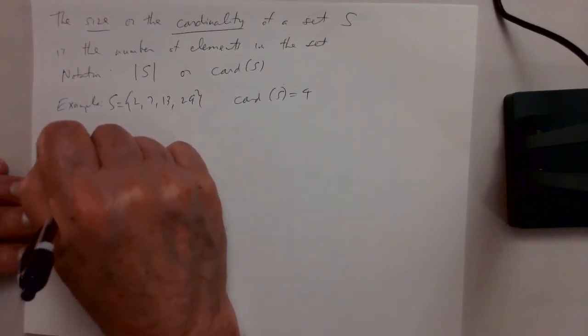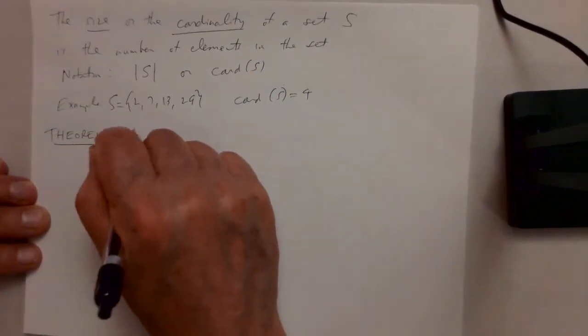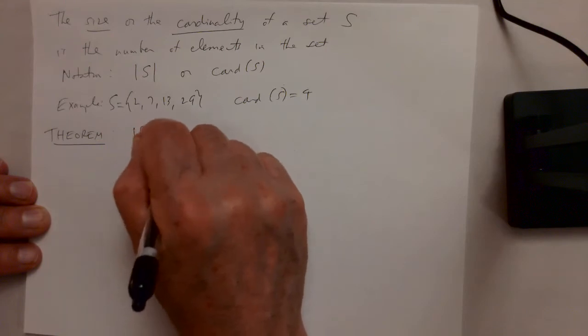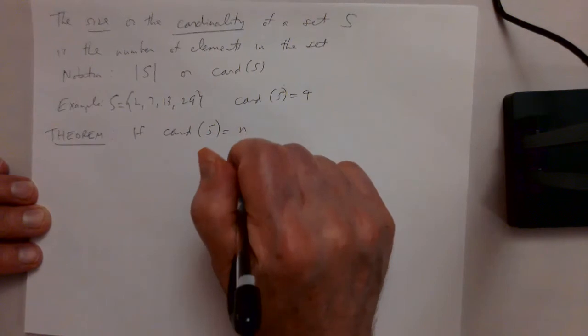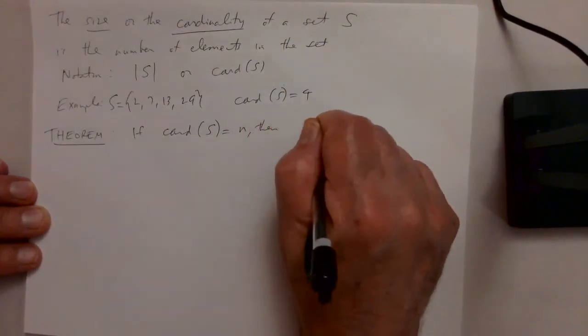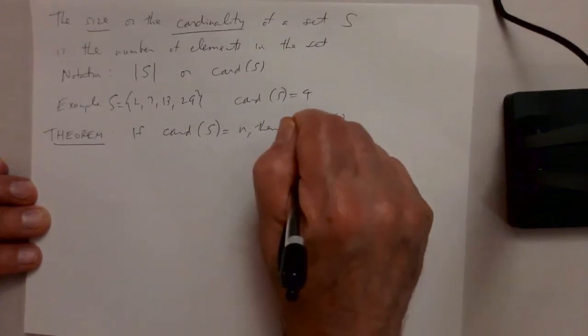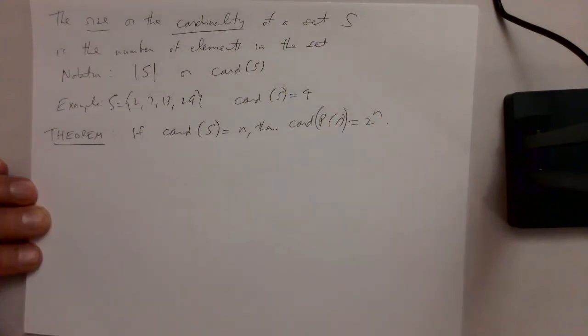And for the power set, there's a very nice theorem that says the following: if the cardinality of a set S is n, finite positive integer n, what about the power set of S? The cardinality of the power set of S is 2 to the n.